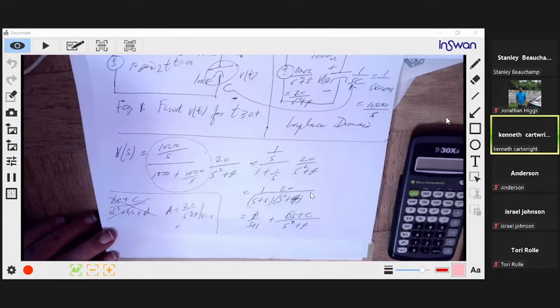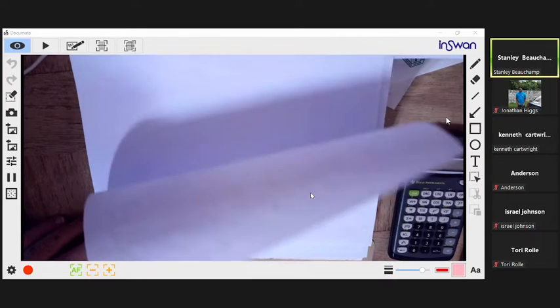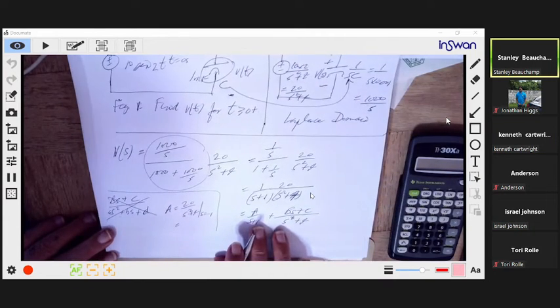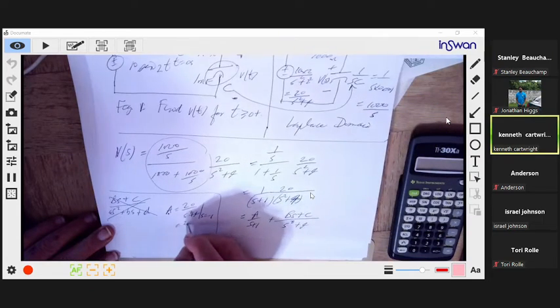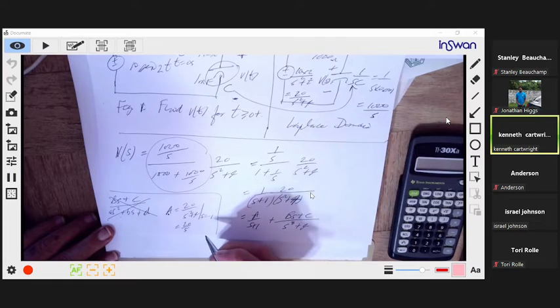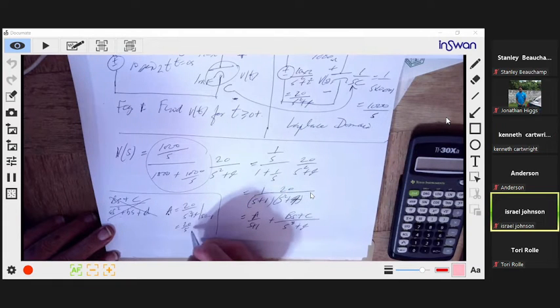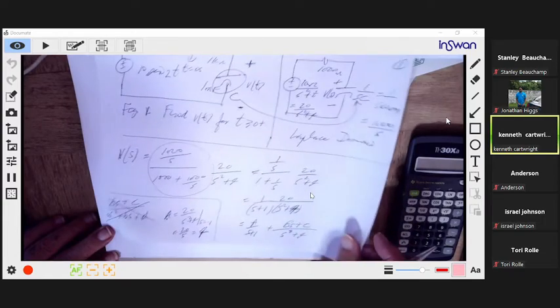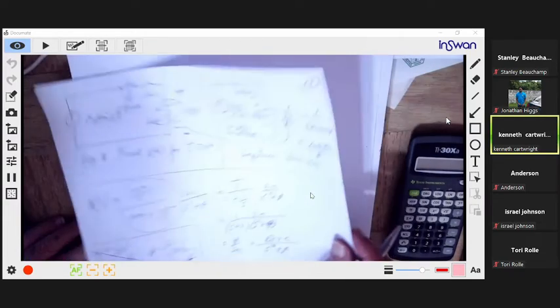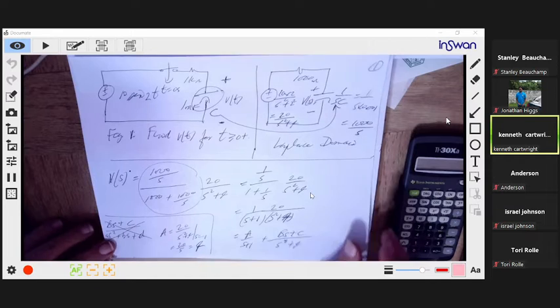So that becomes A equals how much? 20 over negative 1 squared plus 4. Let me get my calculator. 20 over 5, which is 4. All right, I'm going to move this so everybody can snip it.